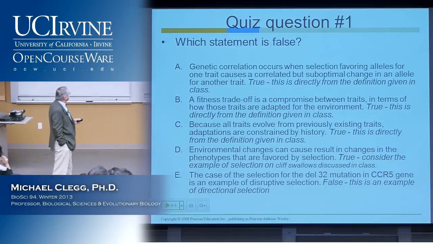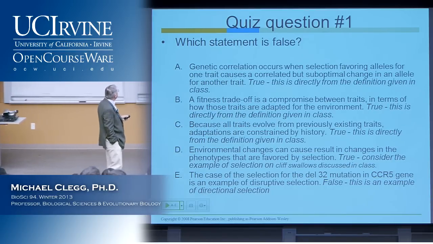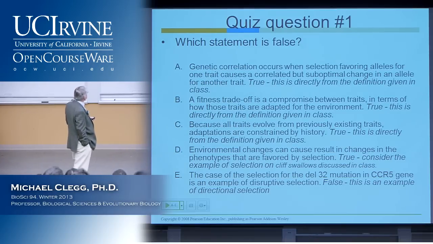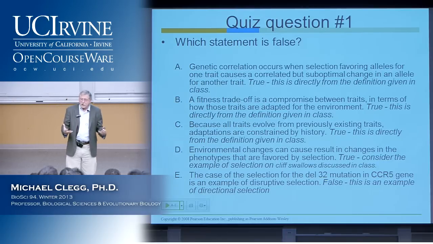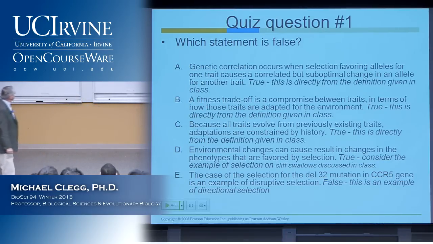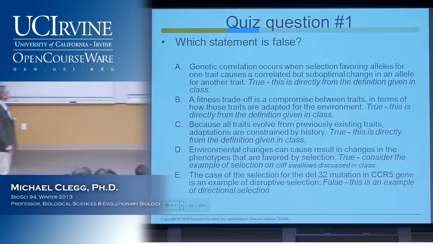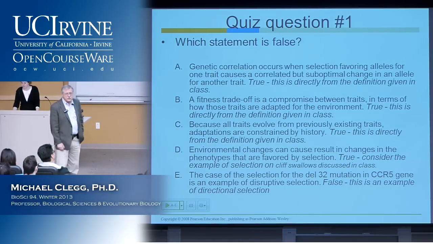Environmental changes can result in changes in the phenotypes that are favored by selection. Yeah, of course. The environment is the ultimate selective agent. So, selection for the del32 mutation in the CCR5 gene is an example of disruptive selection.